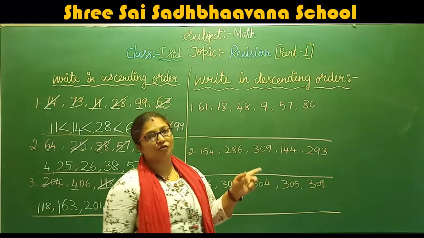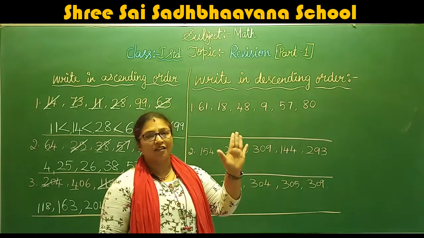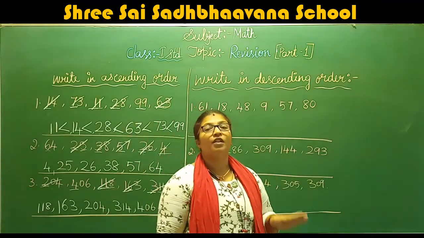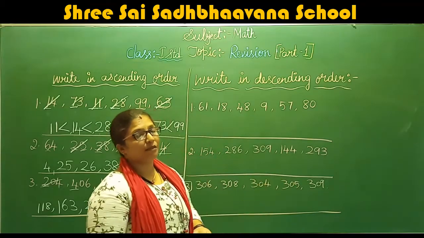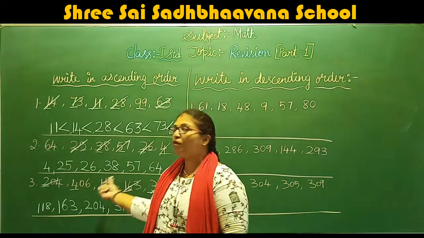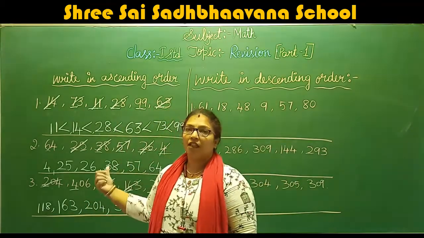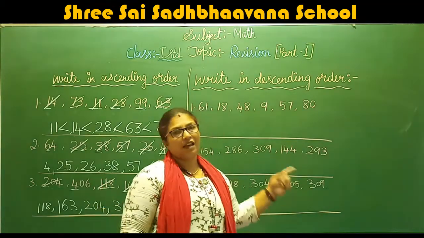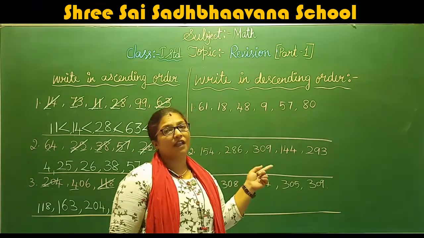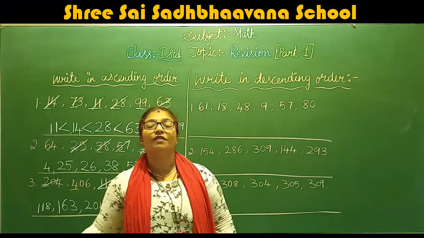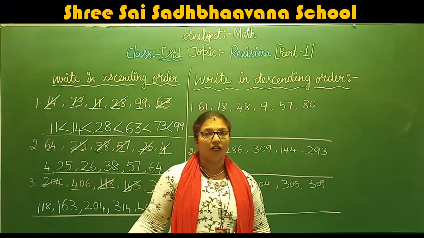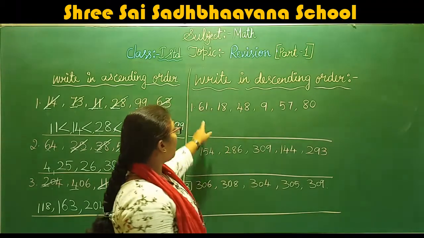But here we have to write from the greatest number to the smallest number. The same method we followed before will be followed here, but we have to look for the greatest number. Before, we looked for the smallest number.